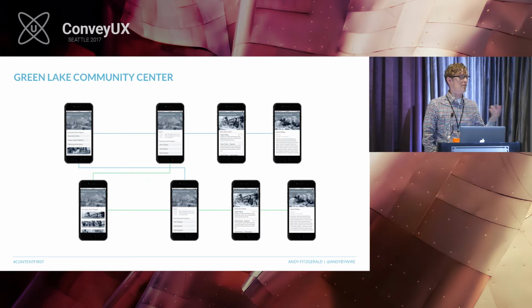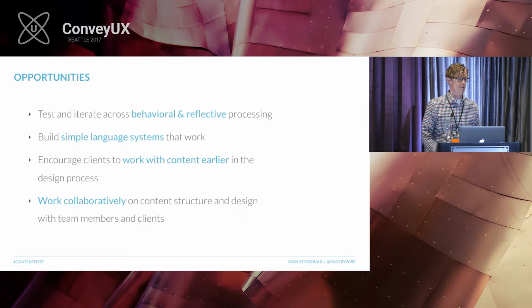But what we found in the example that I showed was that there is a gap, and there was a set of opportunities in that gap, and this is the approach that we took to meet those opportunities. So allowing us to test and iterate across the behavioral and the reflexive, creating simple language systems that work, working with content earlier and working collaboratively on that content.